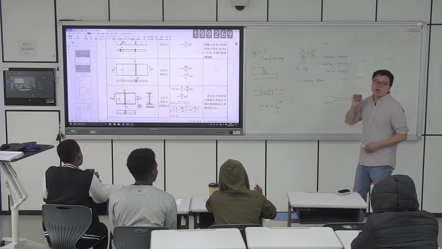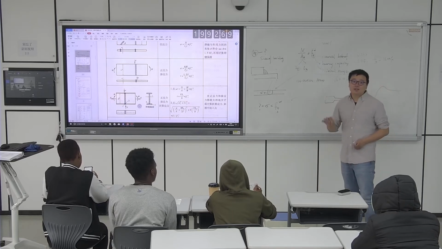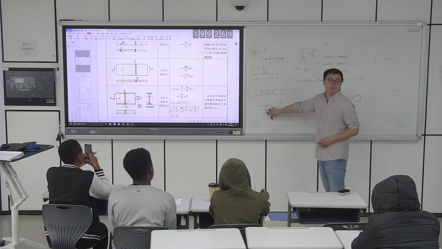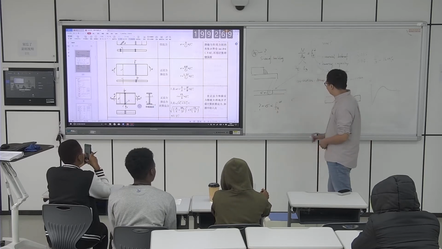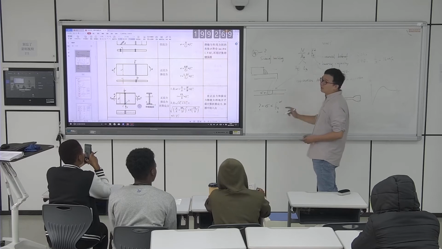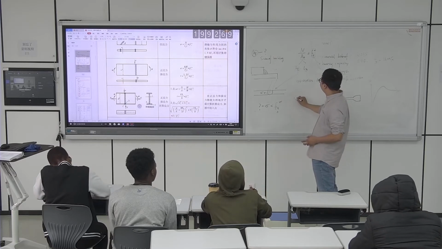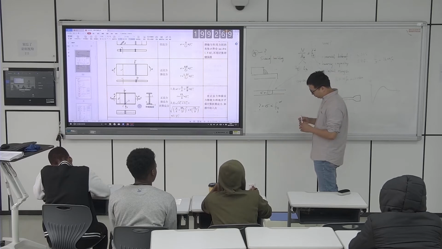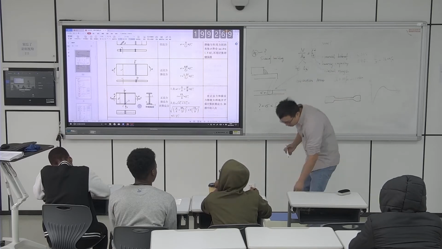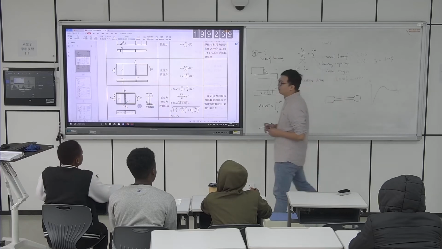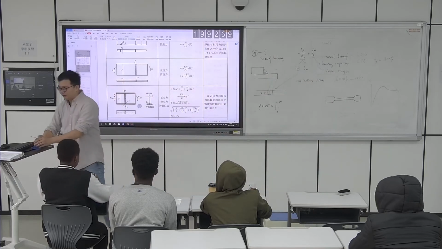Can you give me any equation you see to calculate the sigma? For example, the force and the stress, you know the difference, right? The force is F.